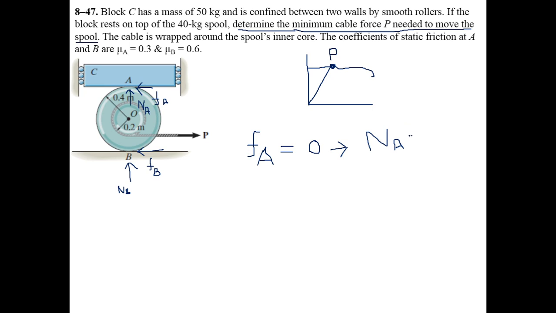So this gives us the result Na equals 0, and this is physically not possible, because contact A is not a smooth contact, so a friction force should exist. It cannot be 0, and since the coefficient of friction is also given at A, Na cannot be 0.